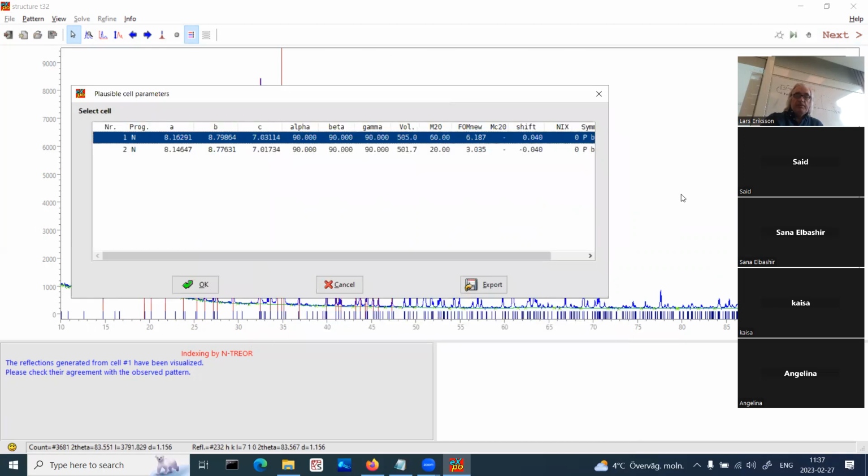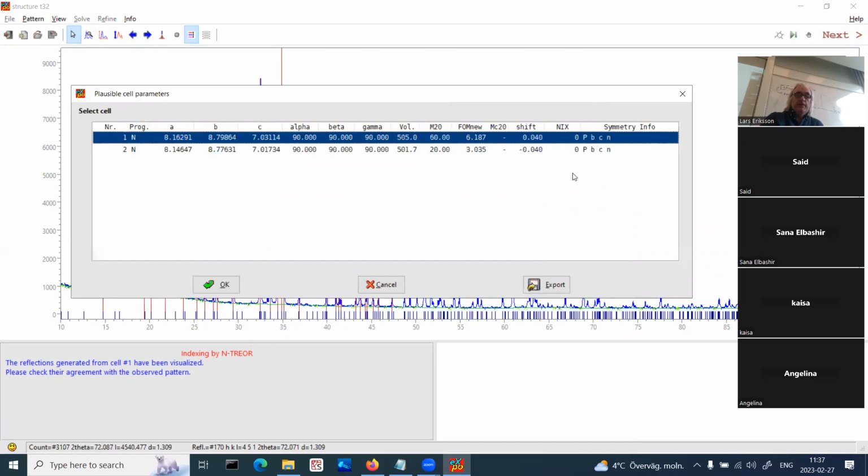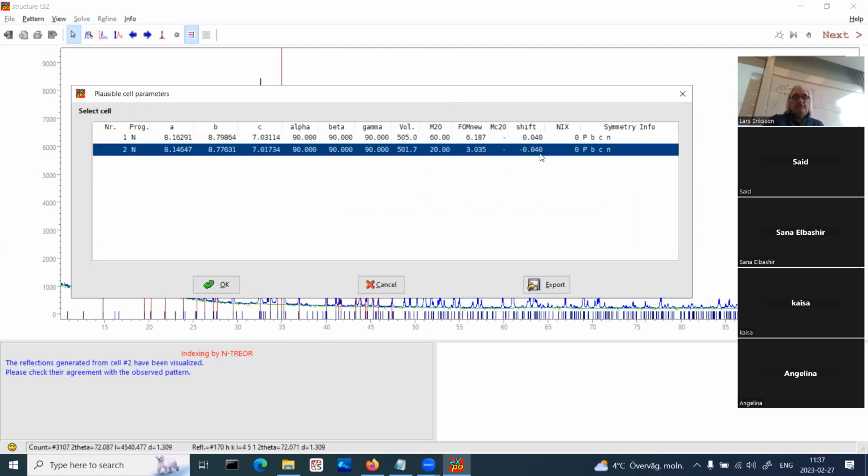Plausible unit cell parameters, A, B, C. They are two slightly different, and slightly different volume. The only thing is that A and B and C, they differ. This one is smaller in general, yeah, smaller volume also. So the difference between them is the zero shift.